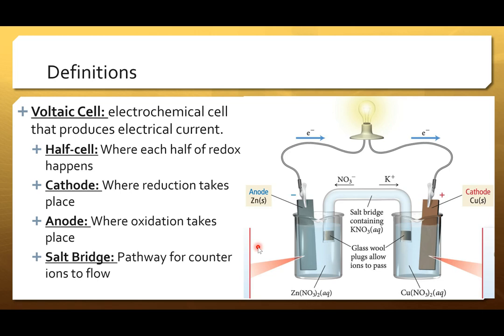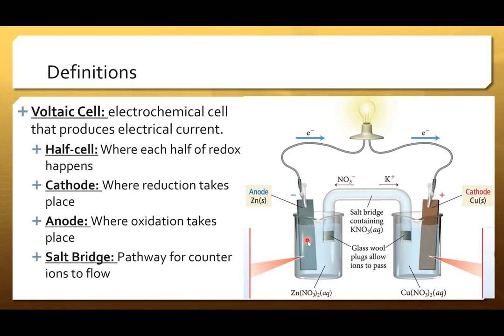And then the last thing in this picture that we haven't talked about yet is the salt bridge. I am not going to get into too much detail about the salt bridge. But if you think about electrons going from, in this case, left to right, left to right, you can see that the charge over here is going to have a buildup of negative ions, and the charge over here is going to have a buildup of positive ions.